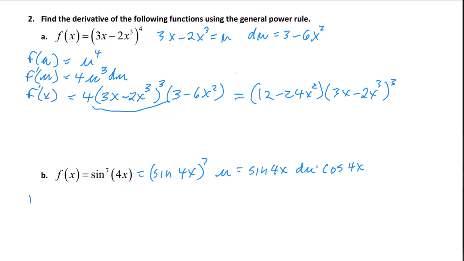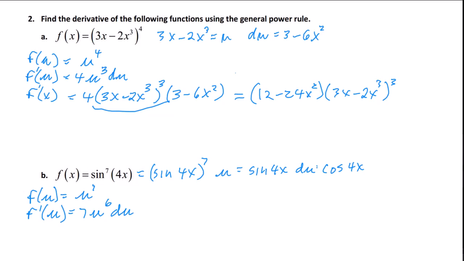So I've got f of u equals u to the 7th. So the derivative of that would be 7u to the 6th du.